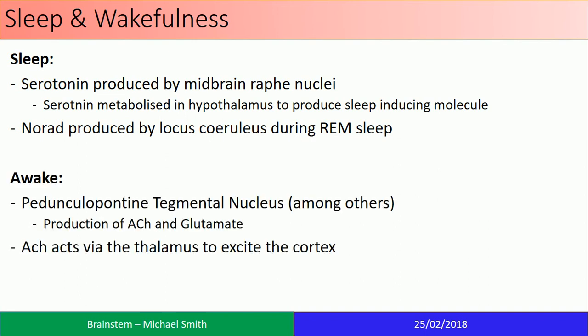When you're awake, a number of nuclei, but predominantly your pedunculopontine tegmental nucleus, will produce your acetylcholine and your glutamate. And your acetylcholine, for example, acts via the thalamus to excite the cortex, and that causes you to be awake and alert, as these are excitatory neurotransmitters.